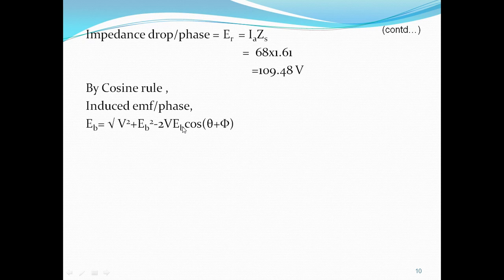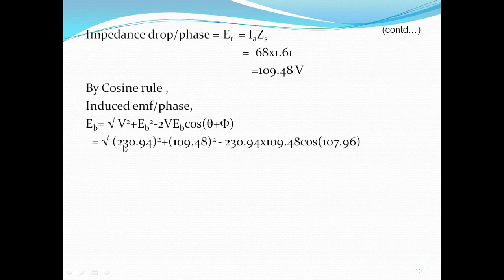Again here also ER. Cos theta plus phi. Note down the correction here. EB is equal to square root of V square plus, this is not EB, this is ER. ER square minus 2 into V into, again this is also ER, not EB. ER into cos theta plus phi.